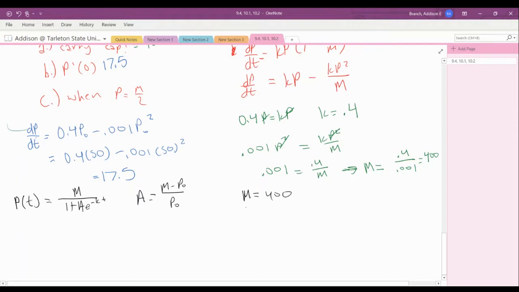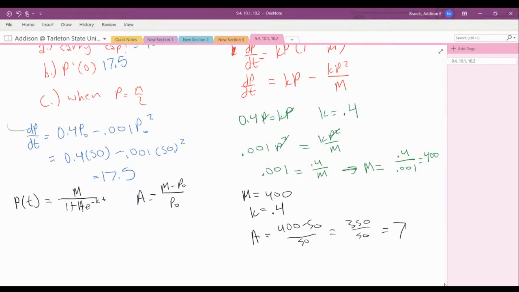Since the k's are the same between our growth rate and our population, k is still going to be 0.4. And then we can solve for A: A is 400 minus 50 over 50, so we get 350 over 50, which is 7.